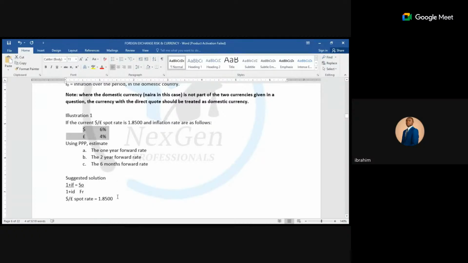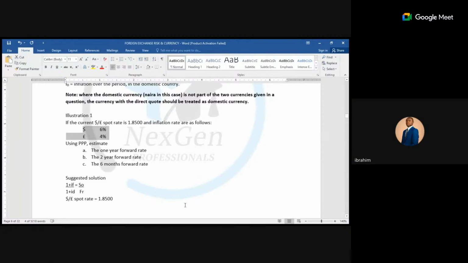The question now is, which of these is the domestic currency? We should not forget that because they just give us the question, we don't know the functional currency, we don't know the country that actually owns it. Is it the first one or the second one? Fine. And I said, in another case scenario, you can use the spot rate to determine a domestic currency.